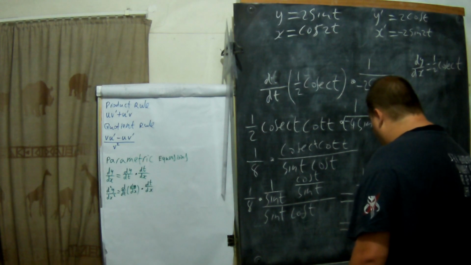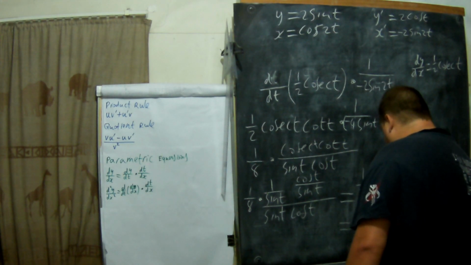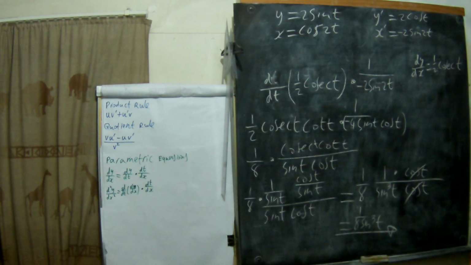Now we are left with 1 over 8 sine cubed t. And that is our final answer.